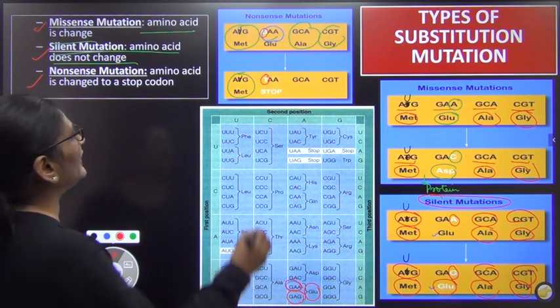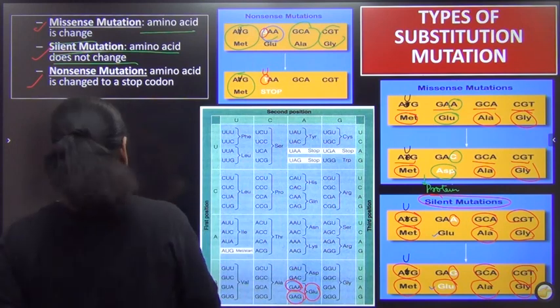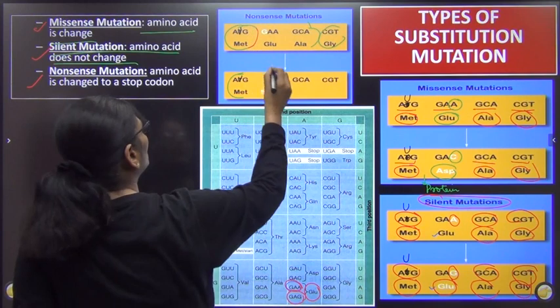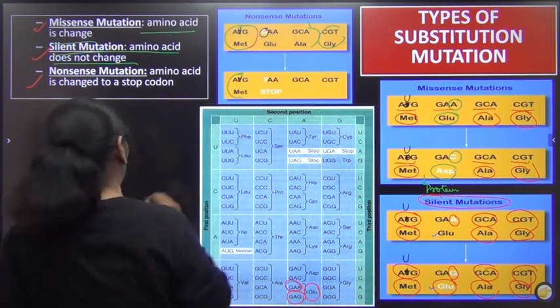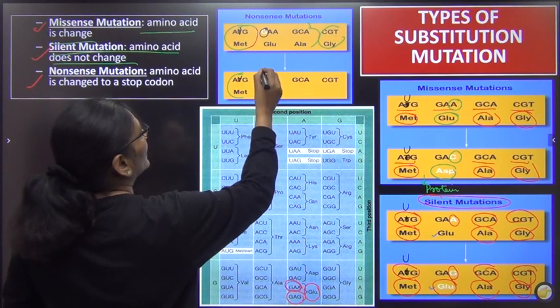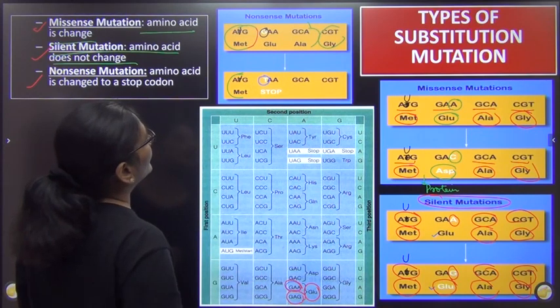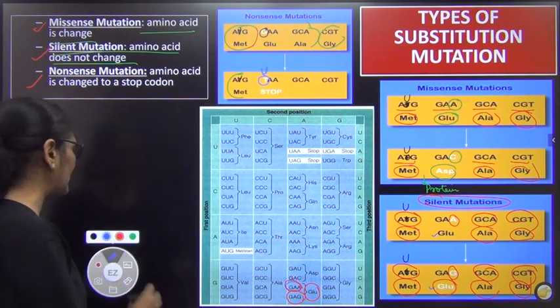It should not have been T, it should have been U. It is replaced by an amino acid U. There's a lot of mistakes over here in this diagram, but I'm sure you will understand. Here glutamine is basically replaced by thymine, uracil. It is replaced by uracil.